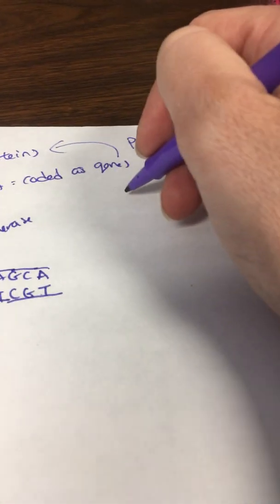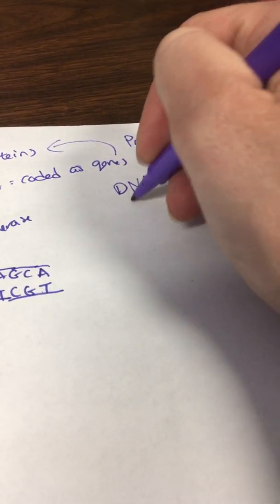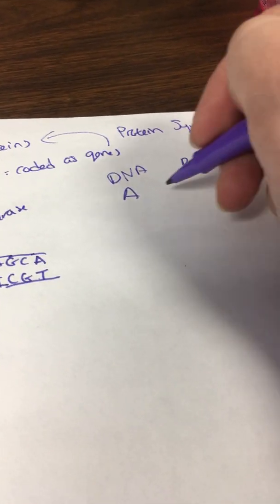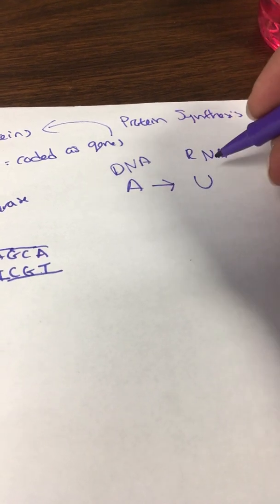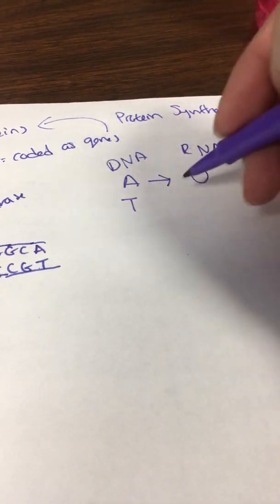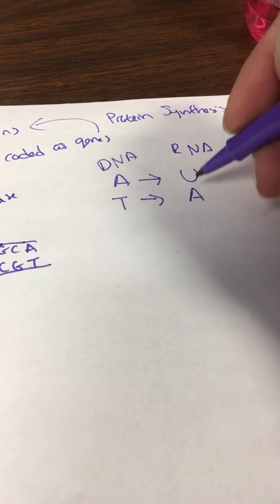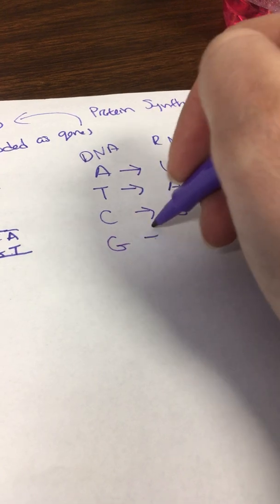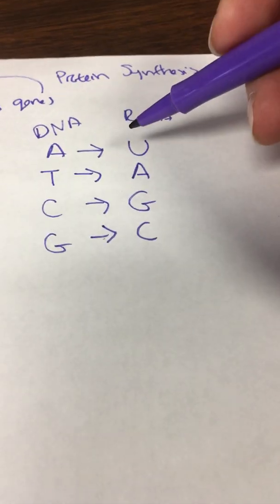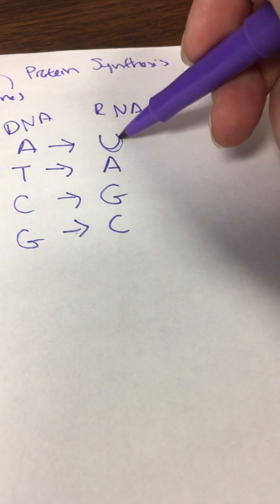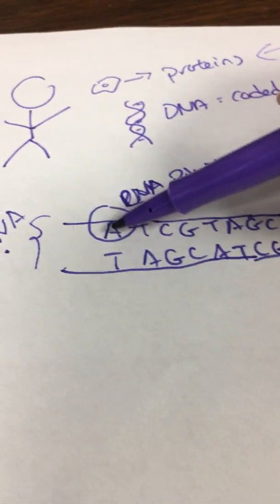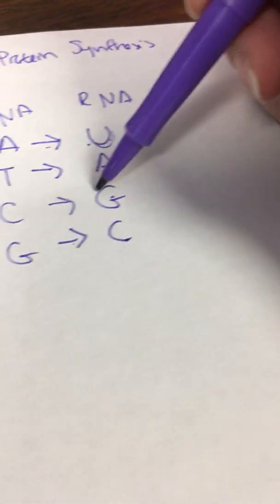If I have a DNA strand and I have an adenine and I want to make it into RNA, the A has to go to U. If my thymine is here, it's going to go to A. And my C is going to go to G, and my G is going to go to C. Everything's almost the same except for this U. There's no thymine in RNA. I'm only using these bases. So if I'm switching my DNA over here to RNA, I've got to use these rules.